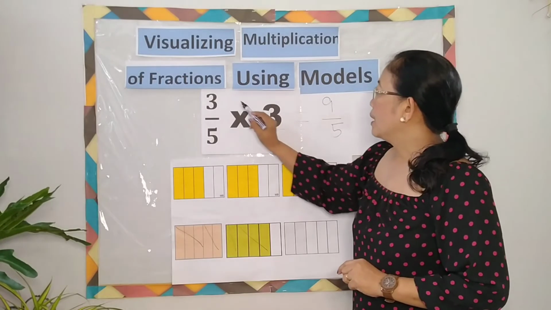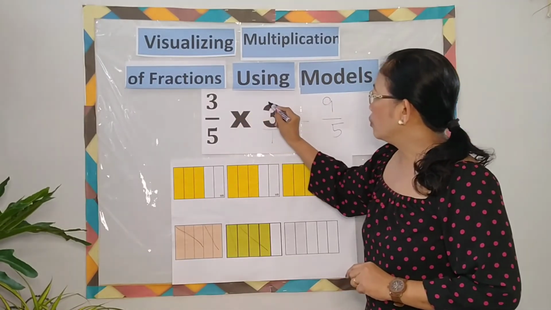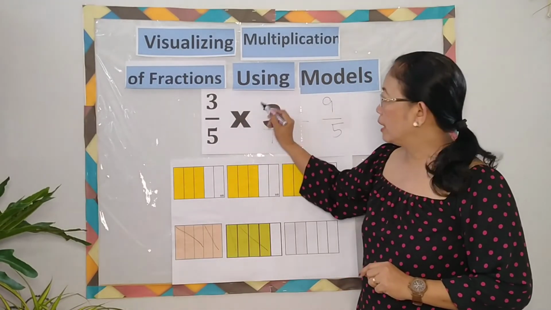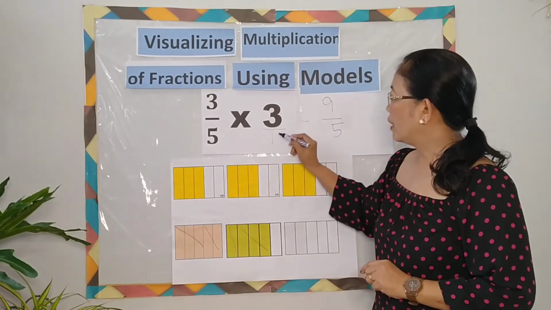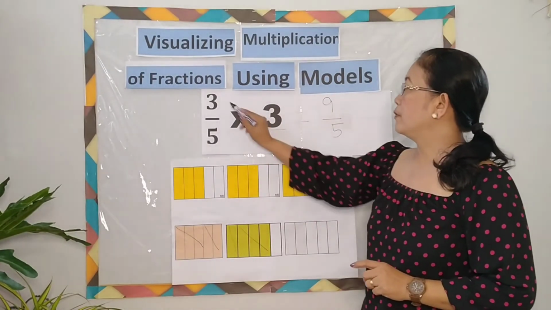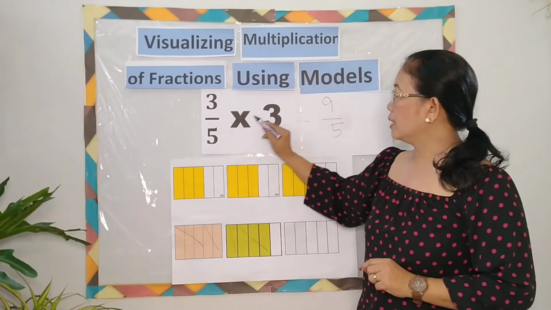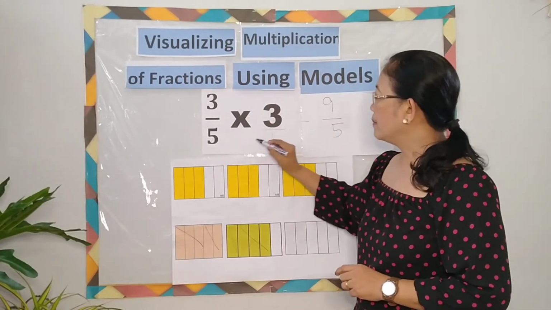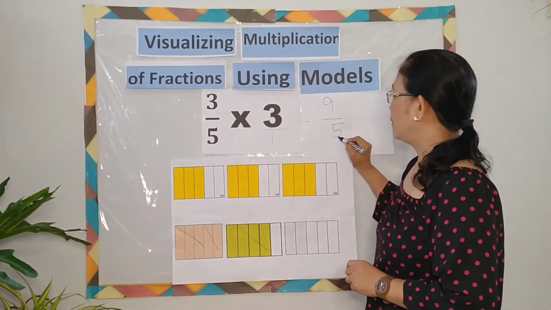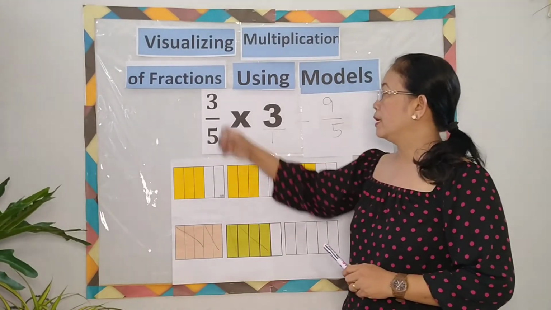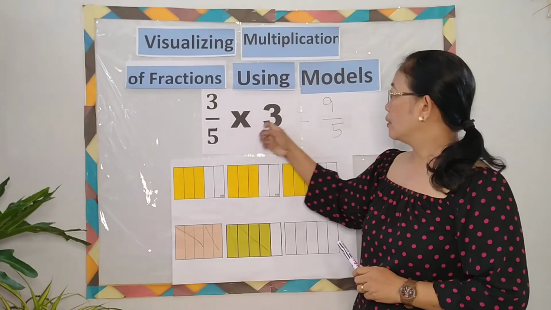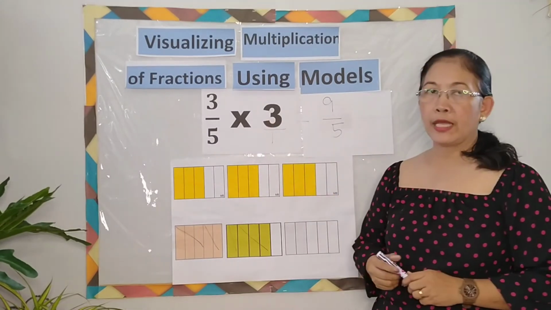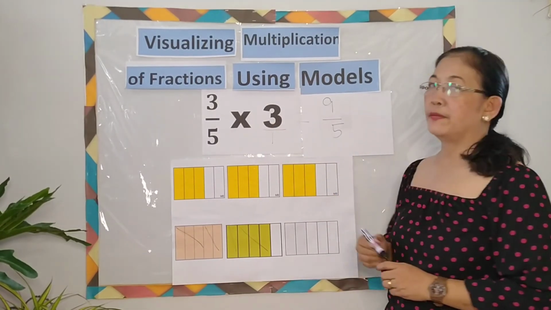So the rule here is you multiply the numerators and also the denominators. If you multiply 3 times 3, it will give you 9. And 5 times 1 is equal to 5. Therefore, 3/5 times 3 is equal to 9 over 5.